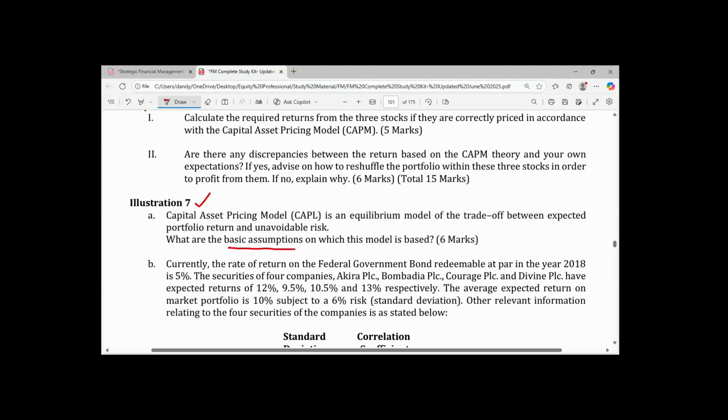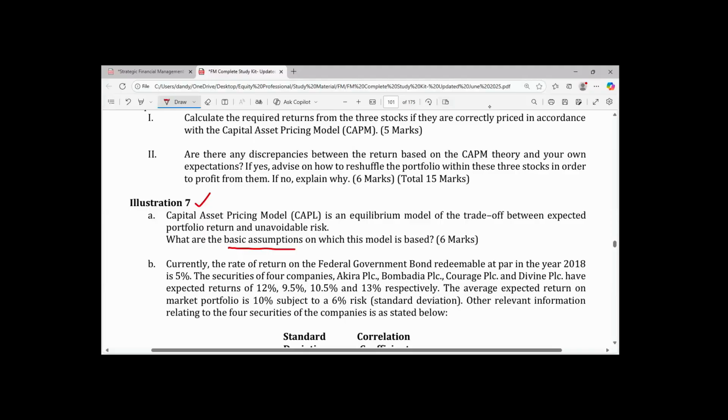Then the investments are infinitely divisible. That is, fractional parts of the investment can be undertaken. Then number 4, investors plan for a single holding period. That is, the same time horizon. Investors will have the same time horizon on their investments, maybe a year.